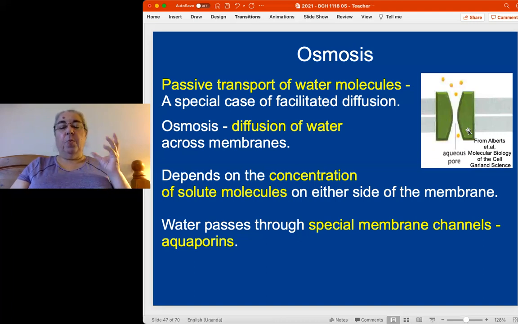So if we think of the water molecules that are moving, they are actually still moving from a high concentration of water molecules to a low concentration of water molecules. So that is what's happening in osmosis. Water moving from a high concentration of water molecules, which is a low concentration of solute molecules, to another place where there is a low concentration of water molecules, therefore a high concentration of solute molecules.